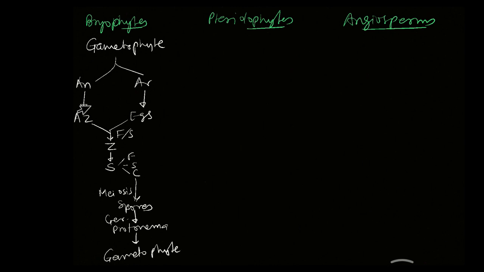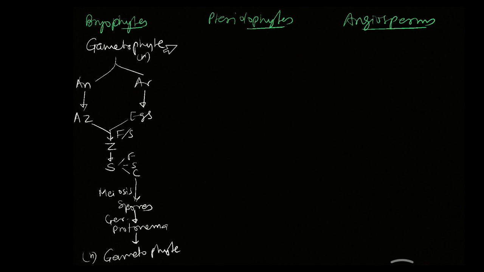So we start with gametophyte, which is a haploid structure, and end with the gametophyte, which is a haploid structure. So this is the life cycle of bryophytes. So we can compare this life cycle with the pteridophytes and angiosperm.